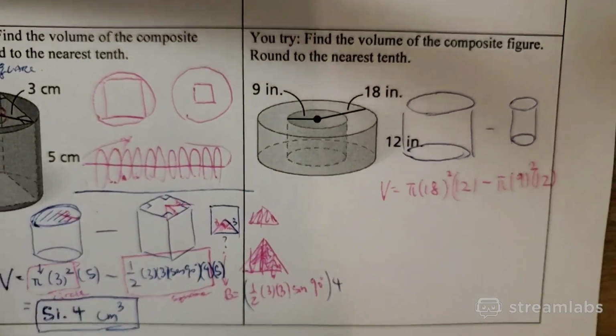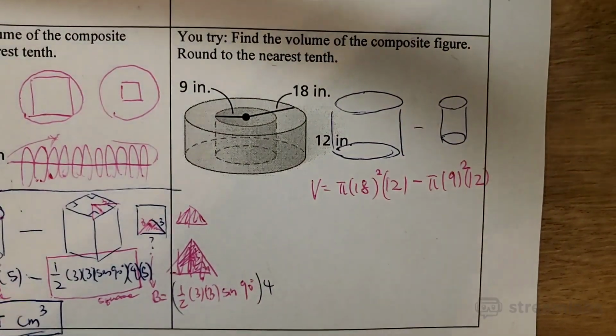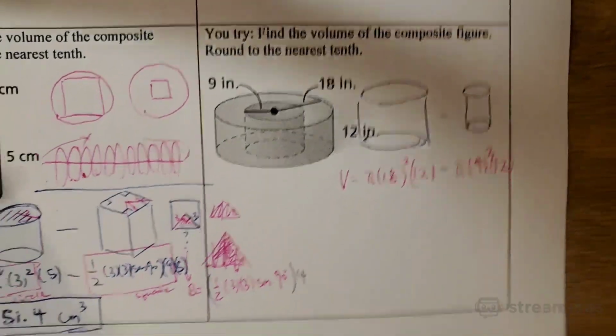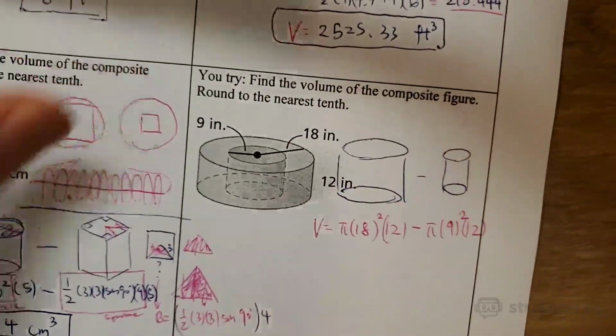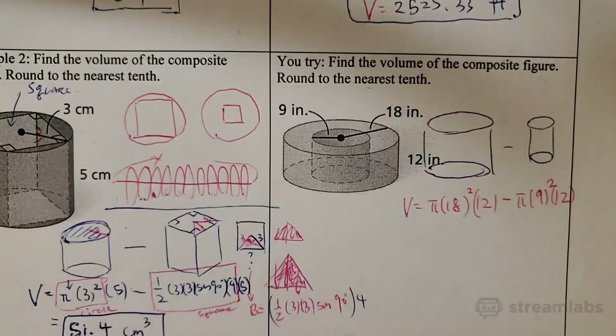Why does this seem blurry for some reason? Is this just me? Out of focus. Let me pull it slightly. Okay, so then you calculate it.